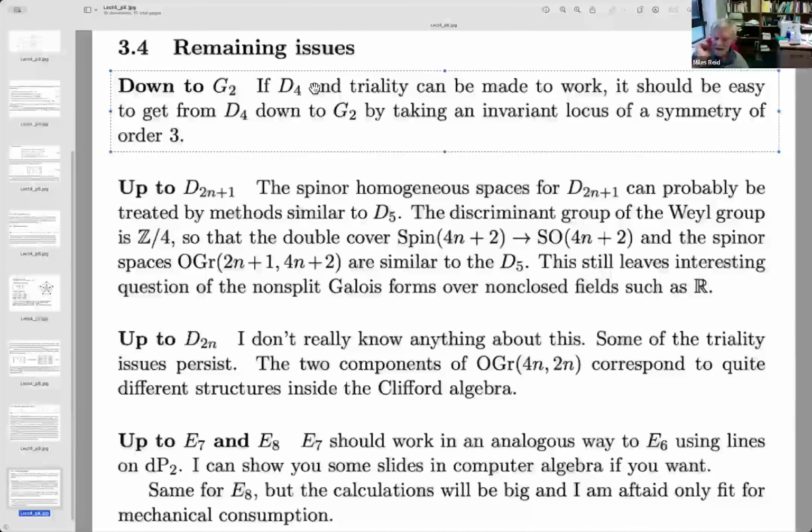So I gave you the linking diagram of D4. It's one central vertex and 3 other vertices that stick out. You should draw it with angles of 120 degrees. Then you can do a 3-fold rotation there, and you get the linking diagram of G2.